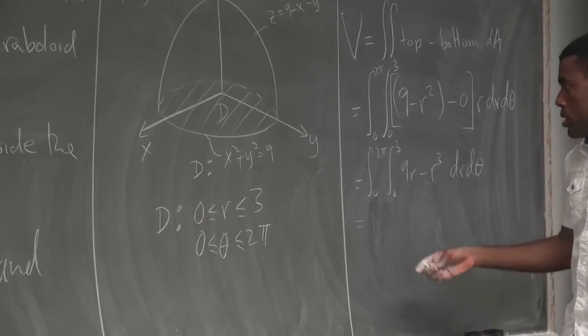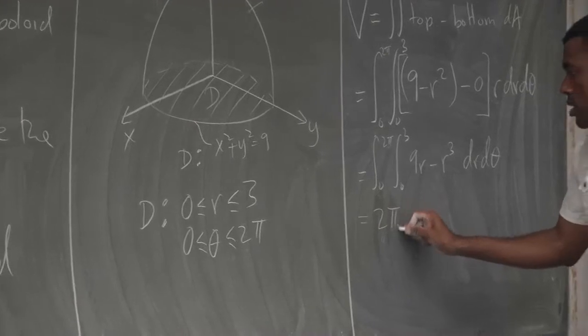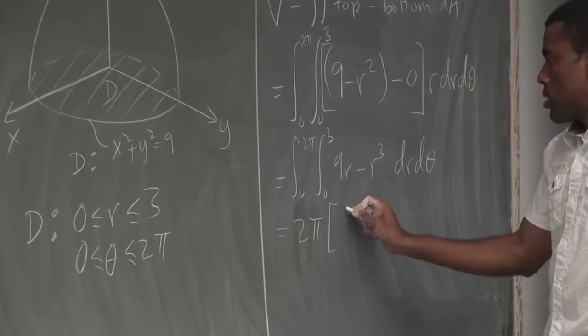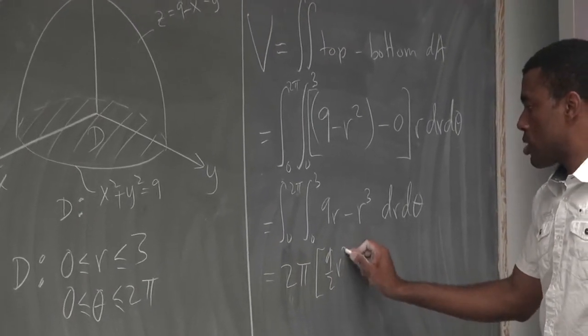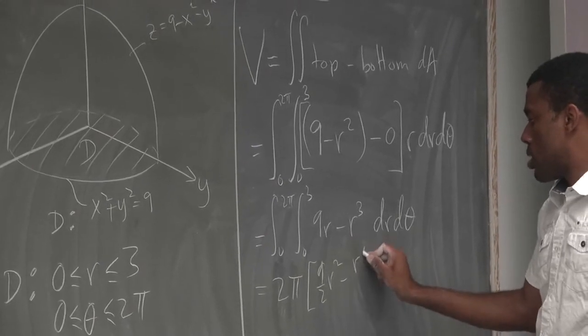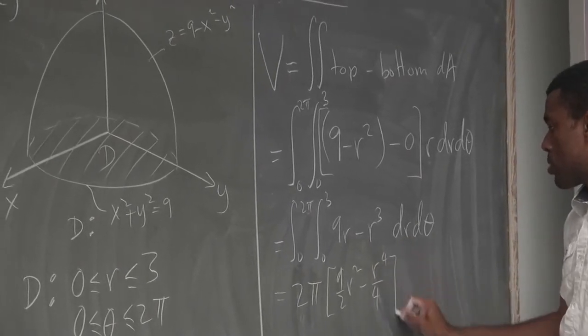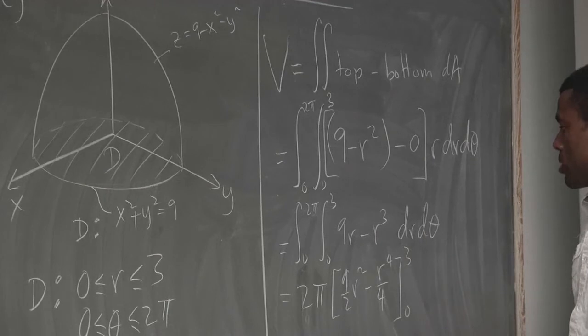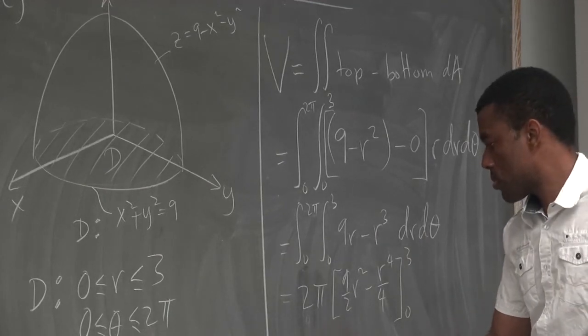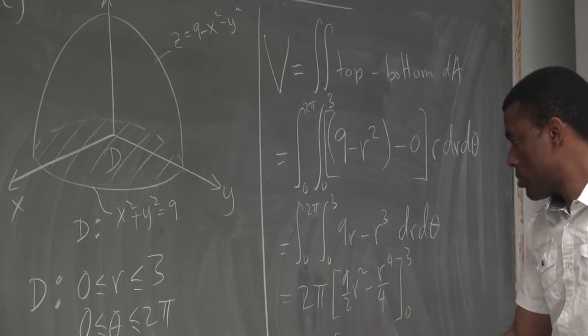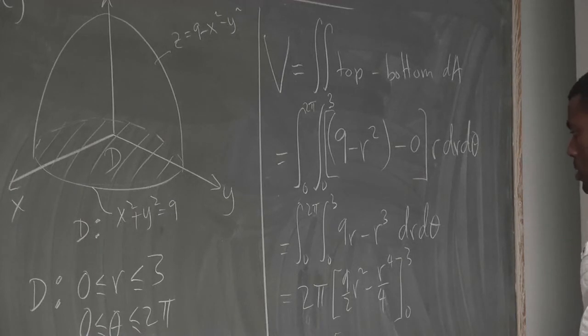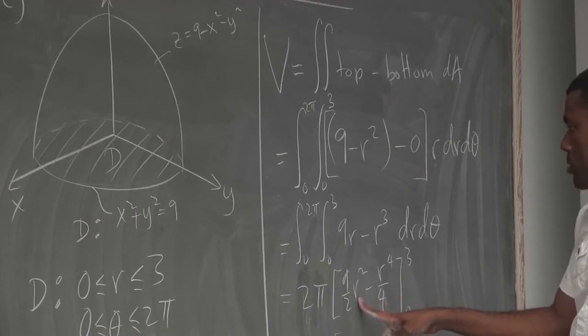Which is just going to be 2 pi times 9 over 2 r squared minus r to the 4th over 4, between 0 and 3. So if I plug in 3 here, I would get what?